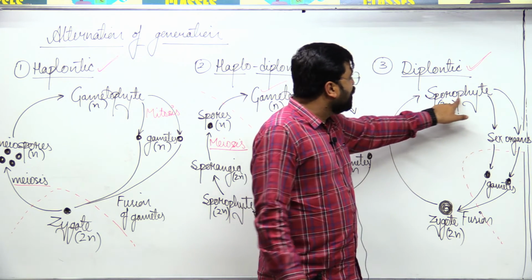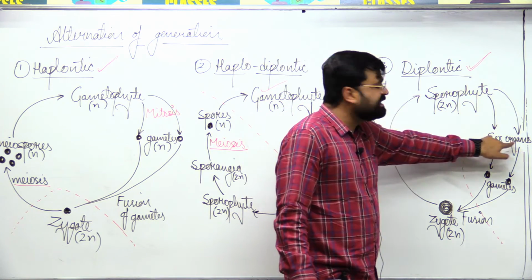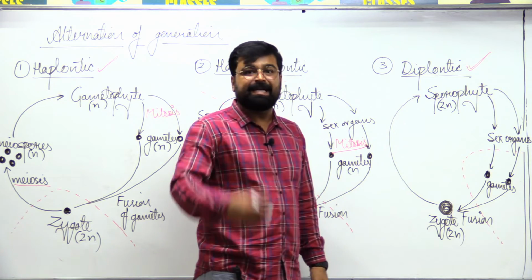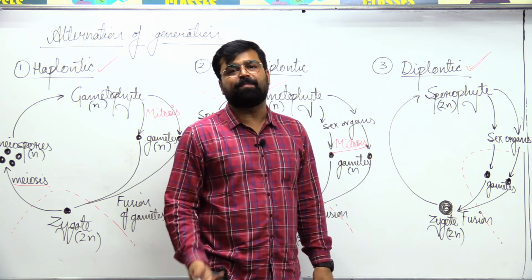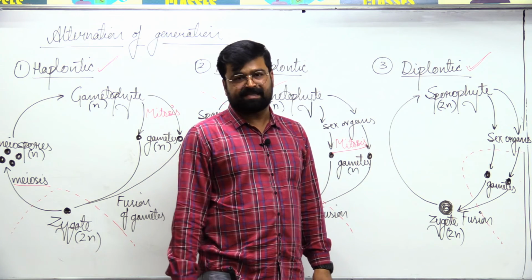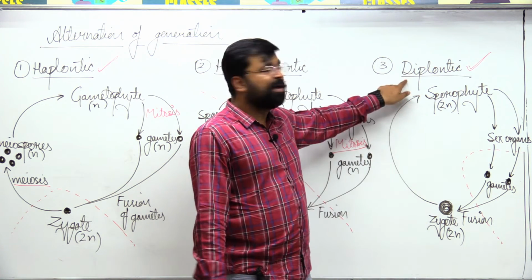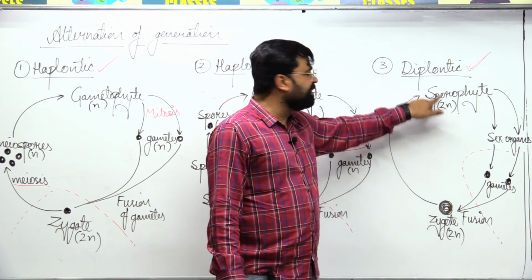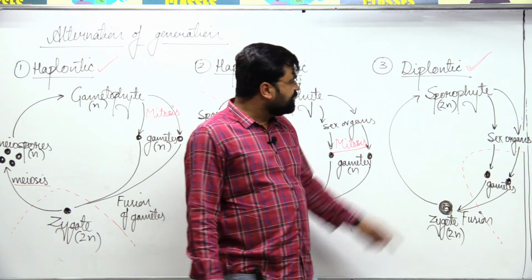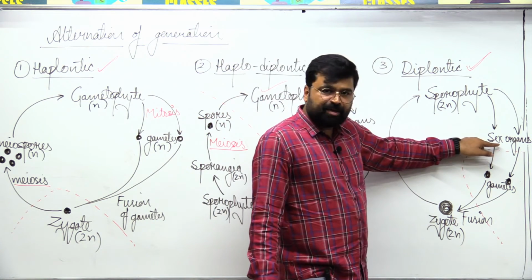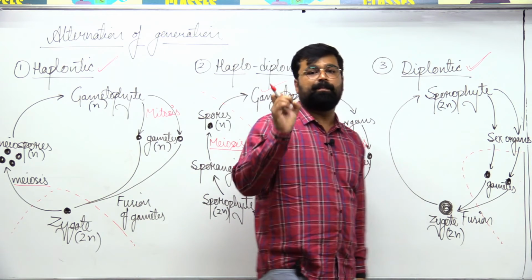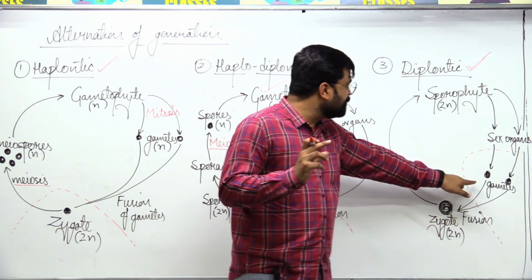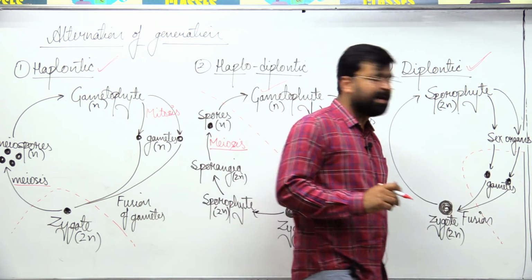Sorry. The sporophytic body will develop sex organs on it directly. It is surpassing the gametophytic phase, because it is diplontic. The major part will remain in the diploid phase. So it will develop sex organs on it, and these sex organs, with the help of meiosis, lead to the formation of haploid gametes.